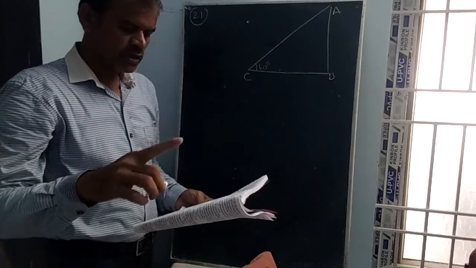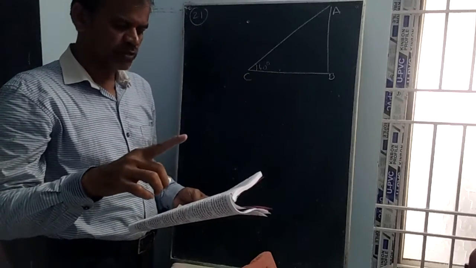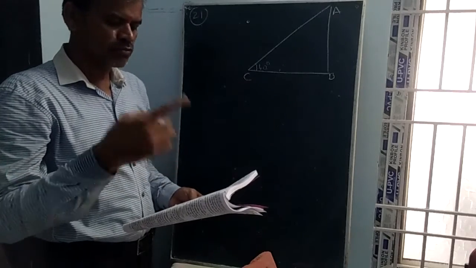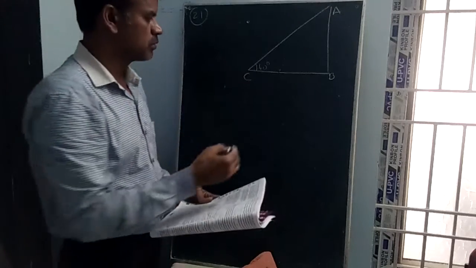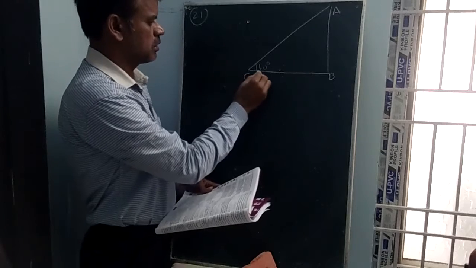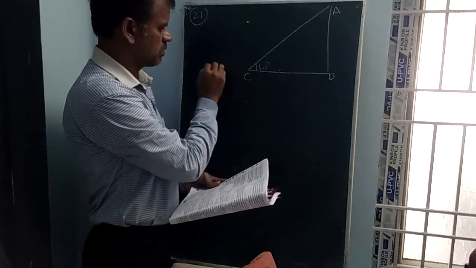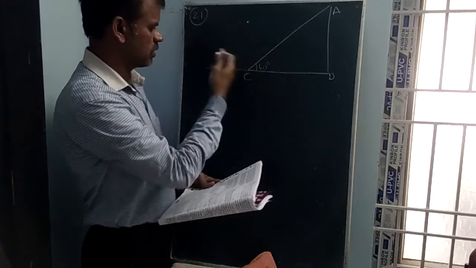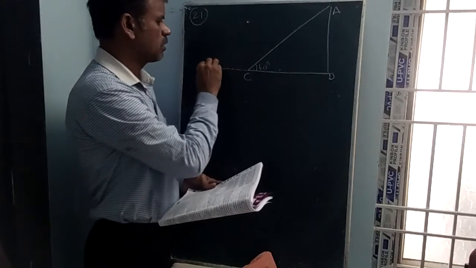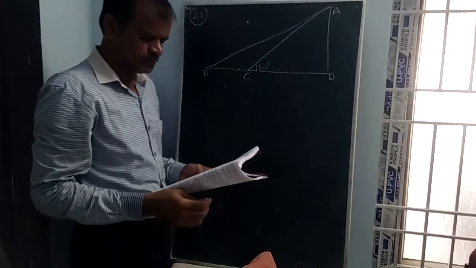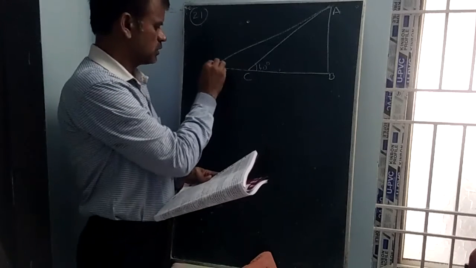Next, he moves away from the pole along the line BC to a point D, away from the pole, like this side, D. And he found the angle is 45. This is 45.